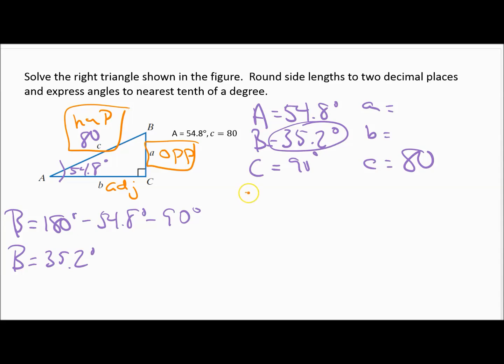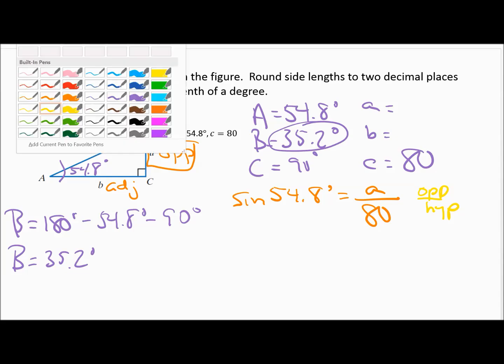So I'm going to set up sine of 54.8 degrees is equal to opposite, which is A, over hypotenuse, which is 80. Again, how do I know that? Because this is opposite, hypotenuse. Y'all have memorized that that is sine. Now my next step is going to be to simply multiply both sides by 80.